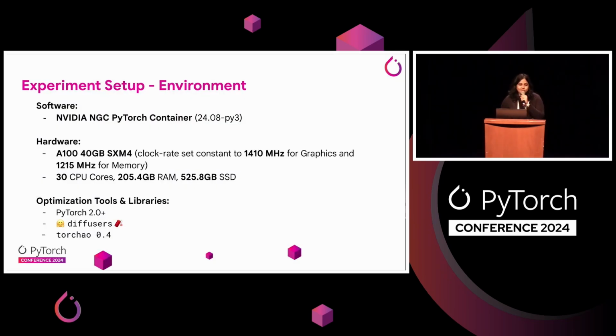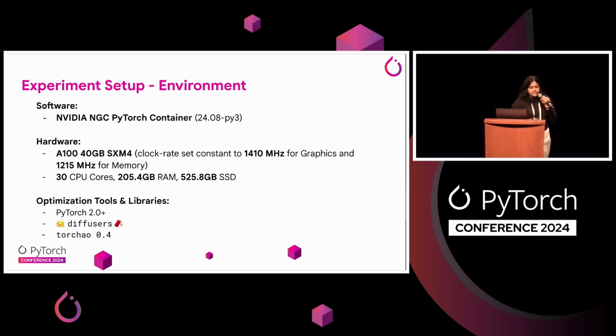So this is the environment that we maintained for our benchmarking, which can be divided into 3 components: the software, hardware, and the optimization tools. For software, we used the NVIDIA NGC PyTorch container, the 24.08 version for Python 3. As for the hardware, we used a single 40 GB A100 SXM4, where we set the clock rate to a constant of 1410 megahertz for graphics and 1210 megahertz for memory.